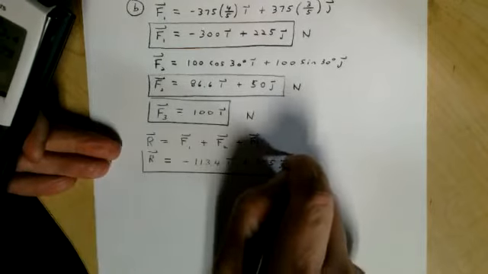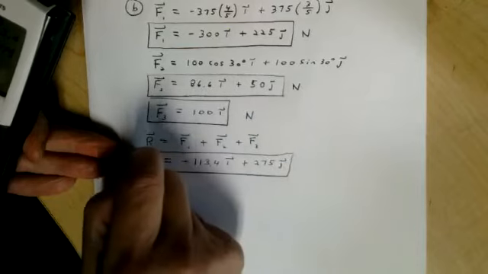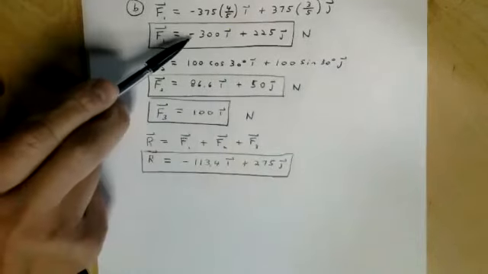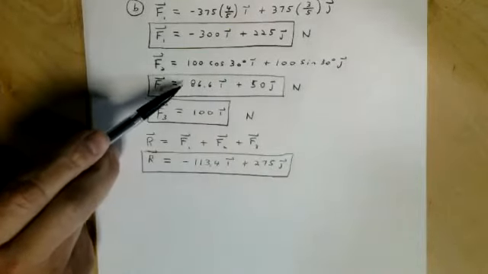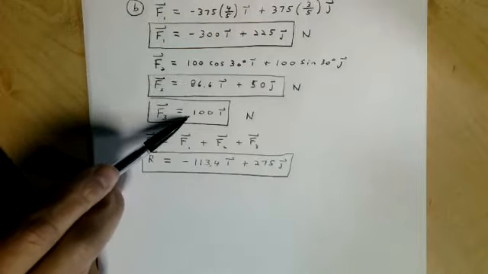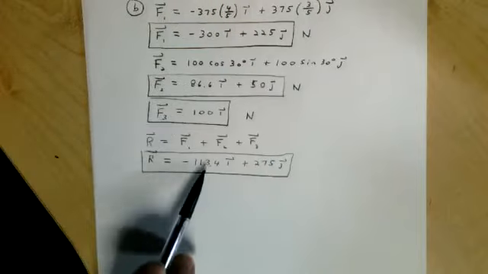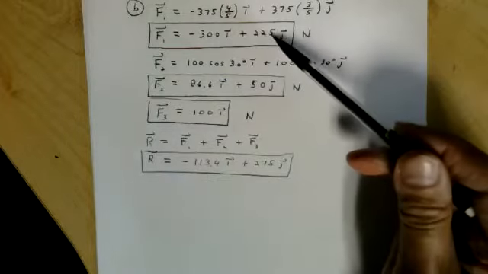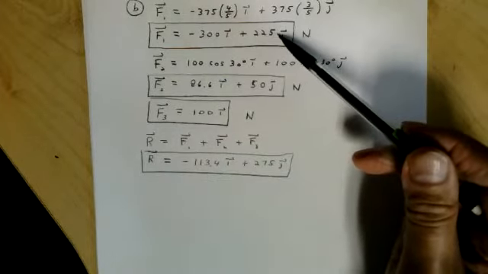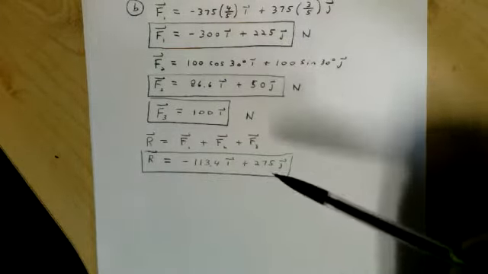Just add up all the x components: minus 386.6 and 100 gives us this. Add up all the y components: 225 and 50 gives us 275.